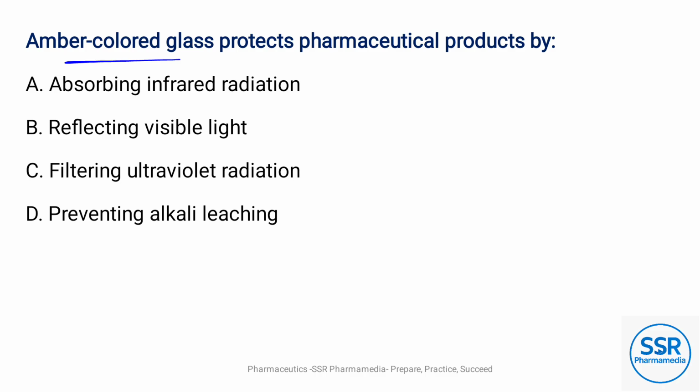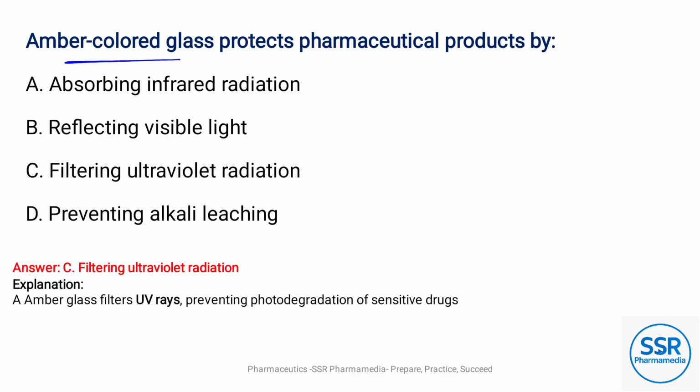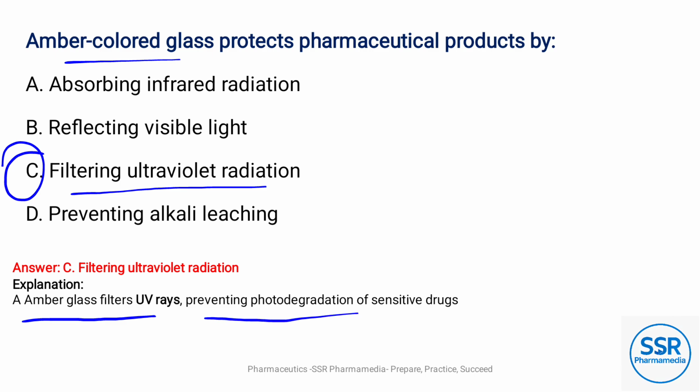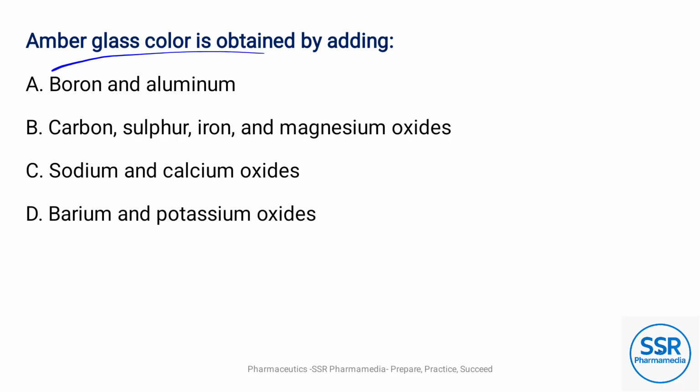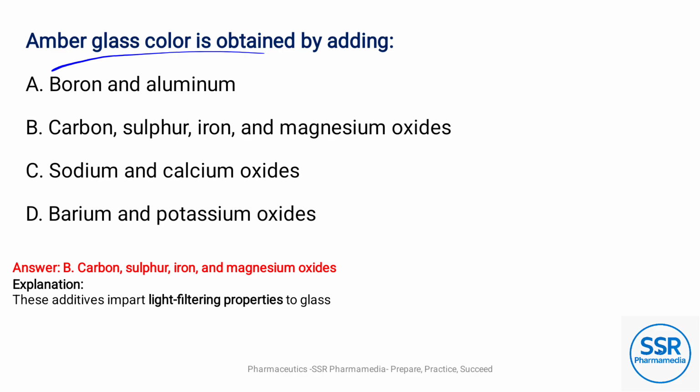Amber colored glass protects pharmaceutical products by, option C, filtering ultraviolet radiation. Amber glass blocks UV rays, preventing photodegradation of sensitive drugs. Amber color glass is obtained by adding, option B, carbon, sulfur, iron and magnesium oxide.